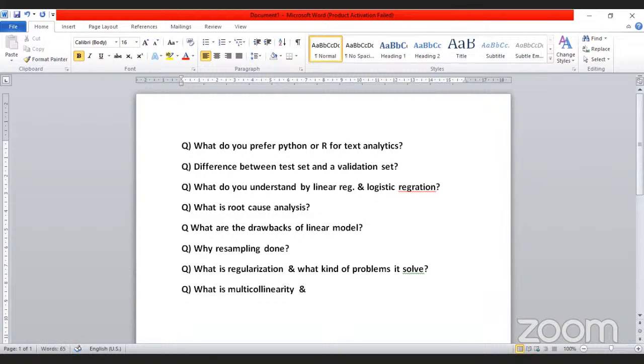So tell me, what is multicollinearity in your words and how to overcome it?